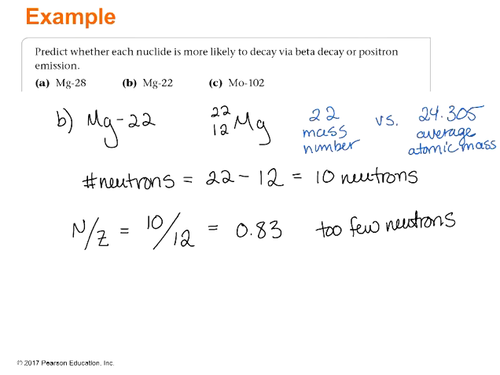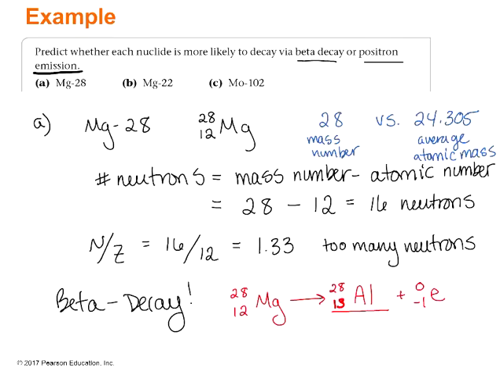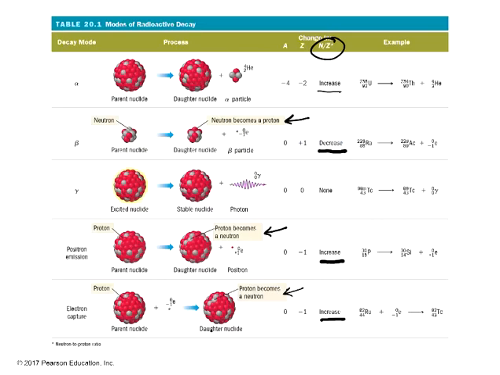So if we have too few neutrons, this nucleus is going to want to change a proton into a neutron. Got my words mixed up. So if we're changing a proton into a neutron, let's go back to our chart. Which process would turn a proton into a neutron?